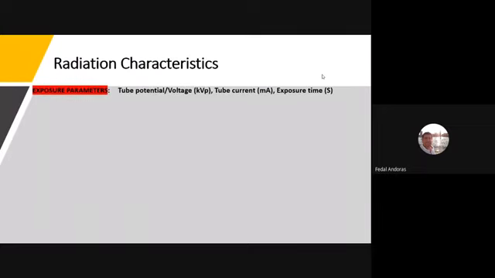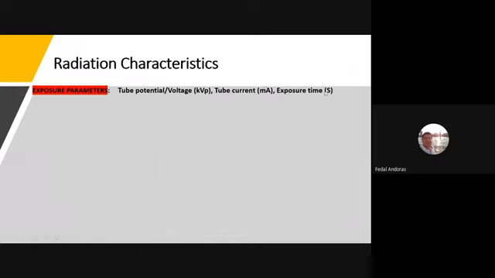So before starting with radiation characteristics, whenever you hear or you see anyone talking about exposure parameters, exposure parameters include these three things: tube potential, or what we say voltage, and the unit is kVp, kilovolt peak. Tube current, التيار, and the unit is milliampere because ampere is too much, so milliampere.